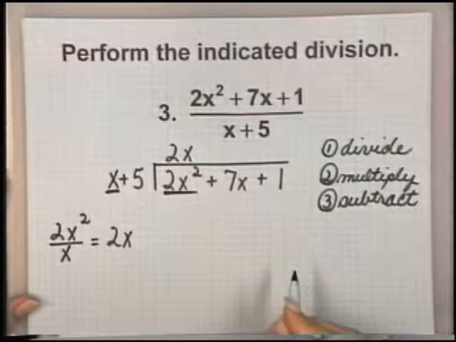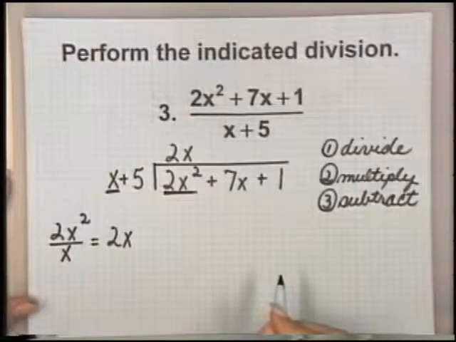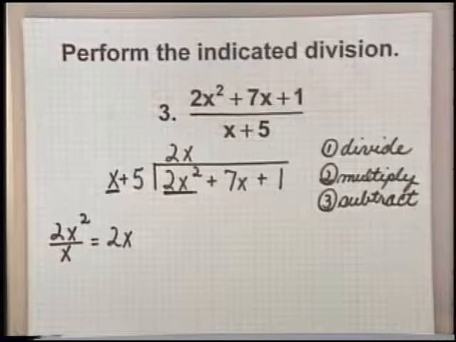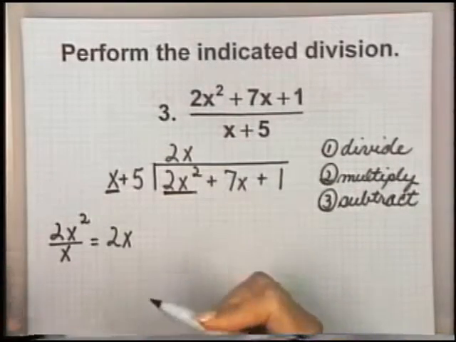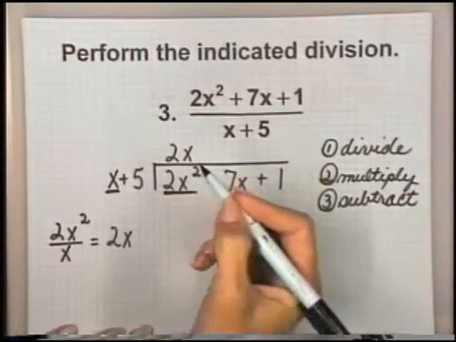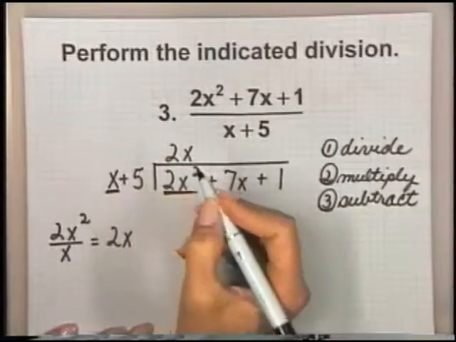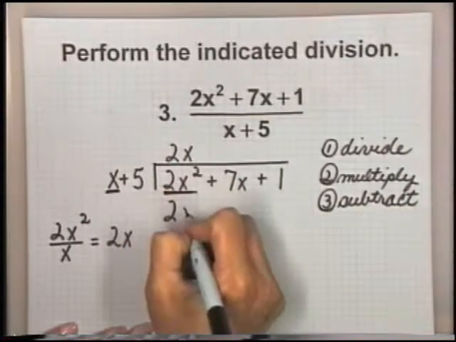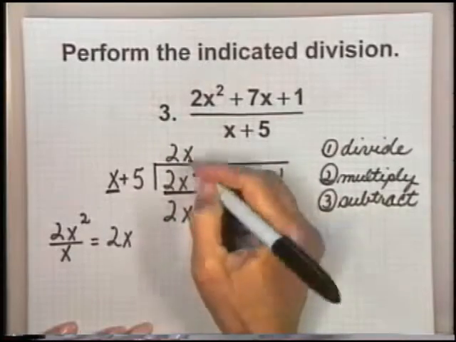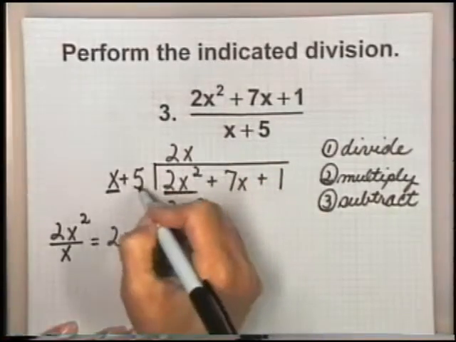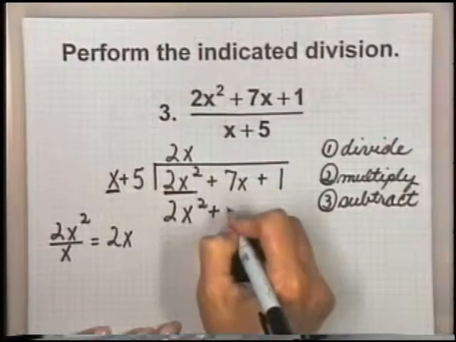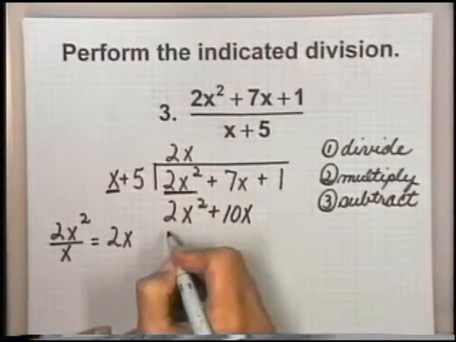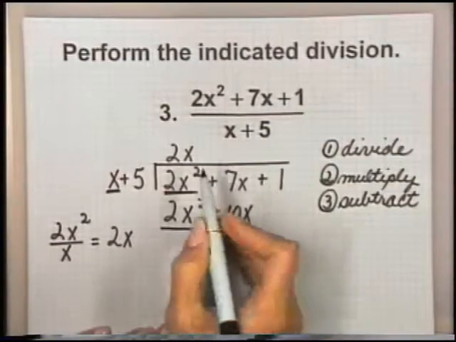Now I will be subtracting polynomials, and when I subtract polynomials, I can only combine like terms. So when I multiply, I am very careful to place my terms under like terms. 2x times x is 2x squared. So I write that 2x squared in the x squared column. And 2x times a positive 5 is positive 10x. I write that positive 10x in the x column.